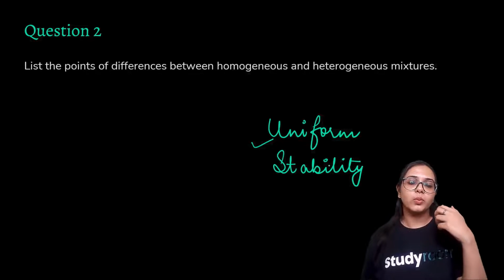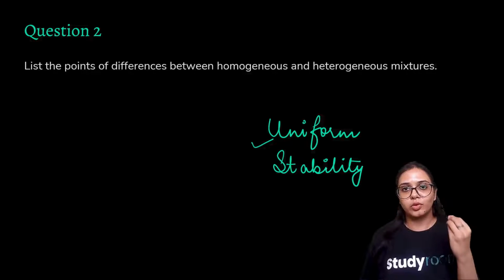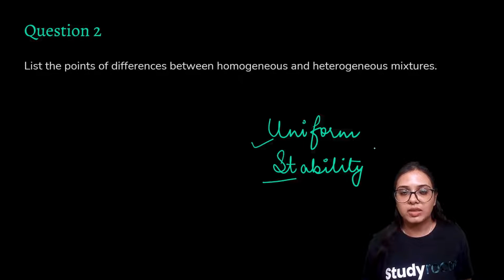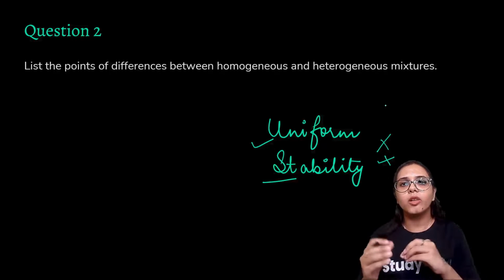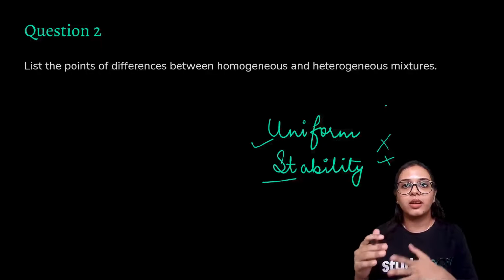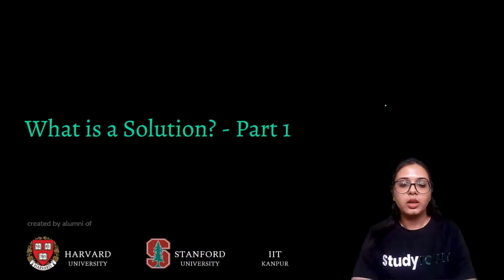We cannot distinguish them with the naked eye, for example in a salt solution or a sugar solution. And in a heterogeneous mixture, we do not have a stable or uniform product. More often we can see the different kinds of particles that are suspended in between each other.